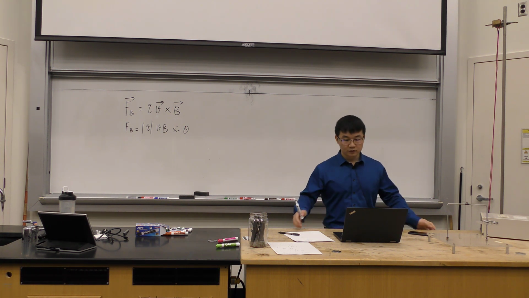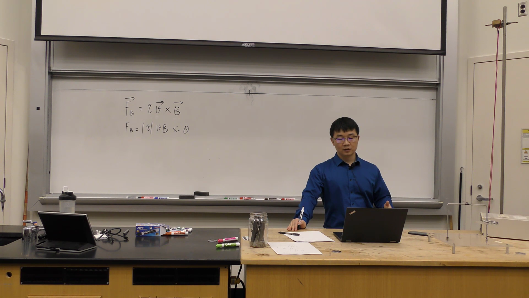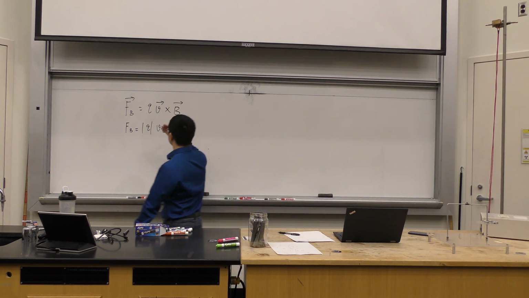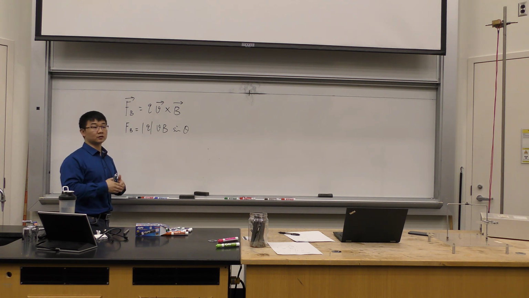Now, today we're going to discuss in detail the motion of a moving electric charge in the magnetic field. So in general, the motion of an electric charge in a magnetic field is very complicated, right? Because look at this equation. If there's a force on this moving charge, it's definitely going to change its velocity.